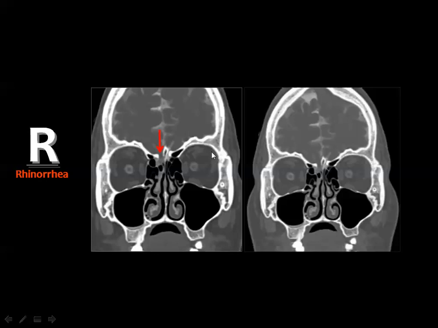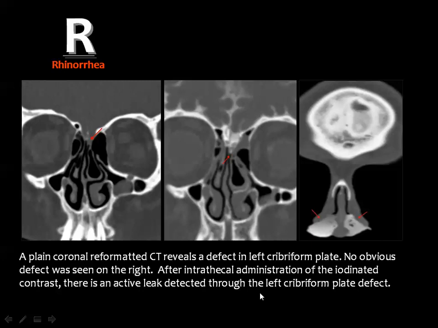Here you can see there is a defect in the cribriform plate of ethmoids on the right side, and this is the contrast material injected intrathecally, opacifying the CSF and going through the defect, and this is a sure sign of CSF rhinorrhea.